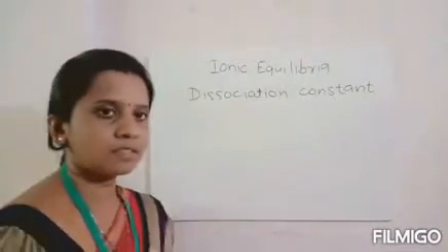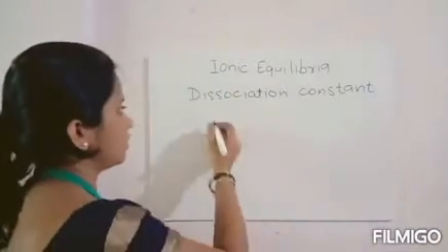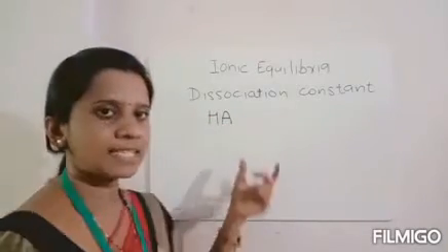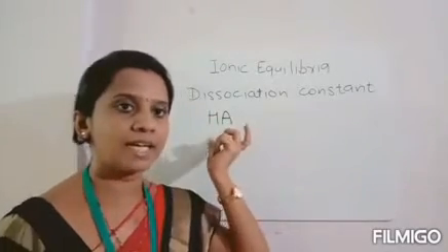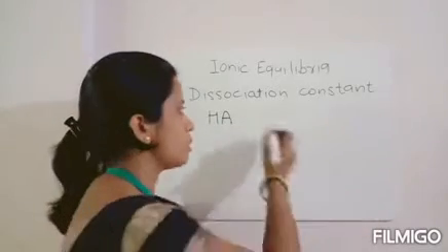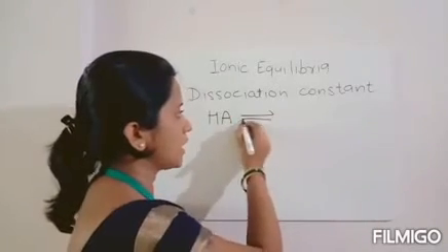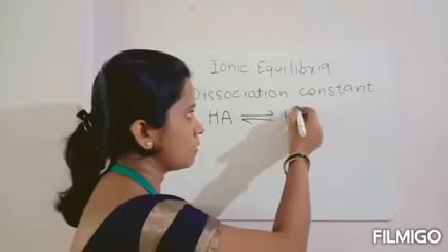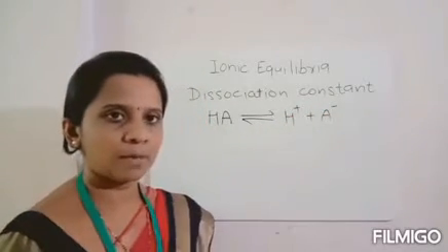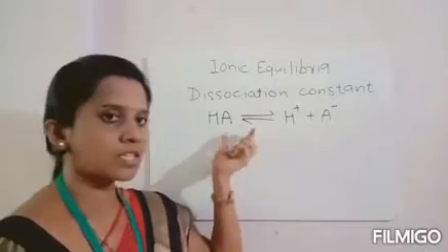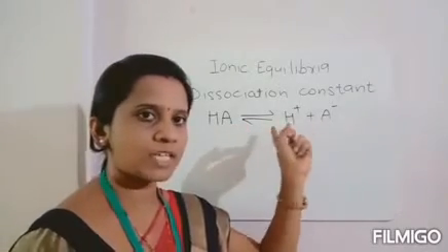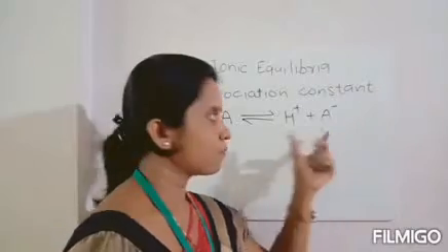Let us consider the example. Generally, a weak acid is represented by HA. So for HA, partial dissociation takes place to form H plus and A minus. So HA is a weak acid forming two ions, H plus and A minus.